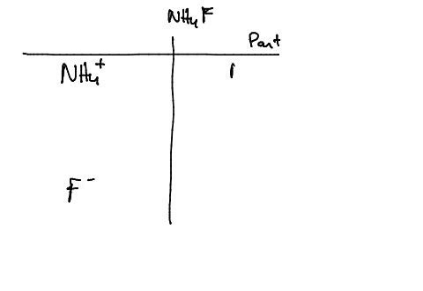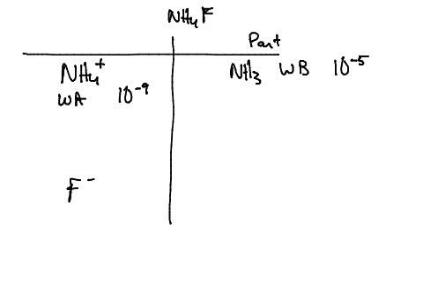Ammonium's partner is ammonia. He's a weak base, and his Kb is 10 to the minus 5. Therefore, ammonium is a weak acid, and his Ka is 10 to the minus 9. By the way, I don't know if we made this clear, but the exponents are going to add up to minus 14. 9 plus 5 is 14.